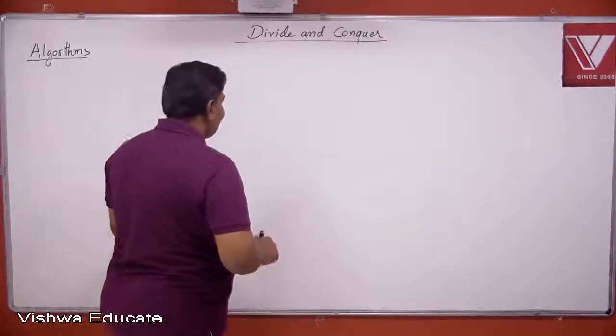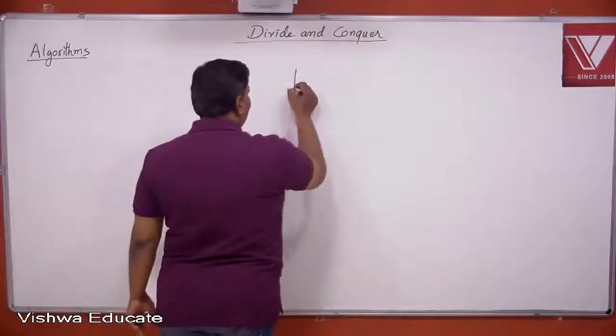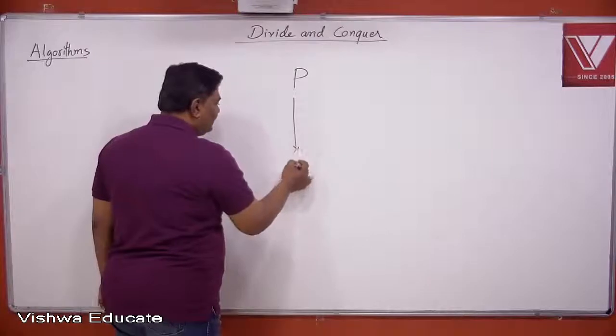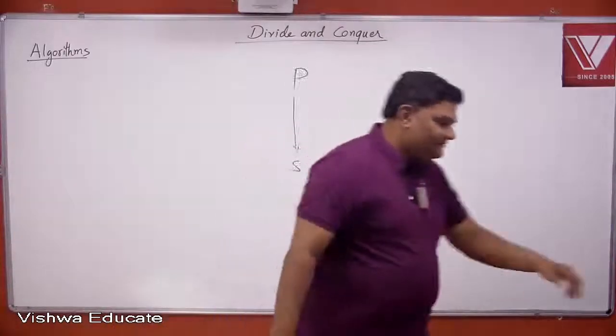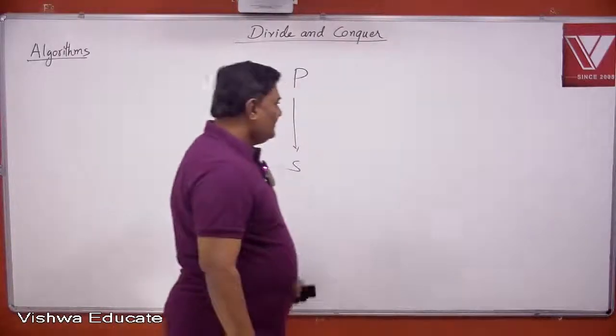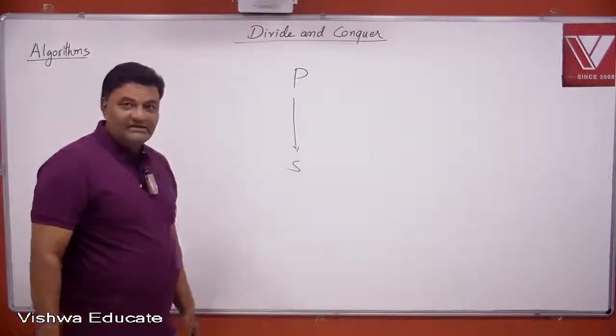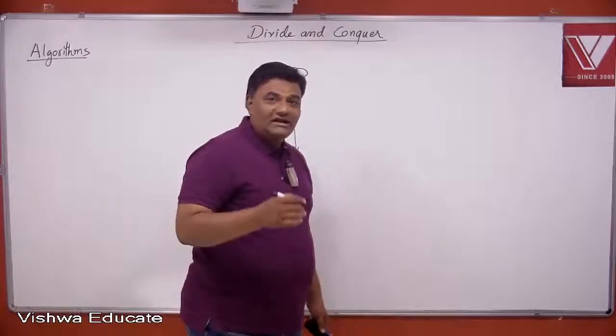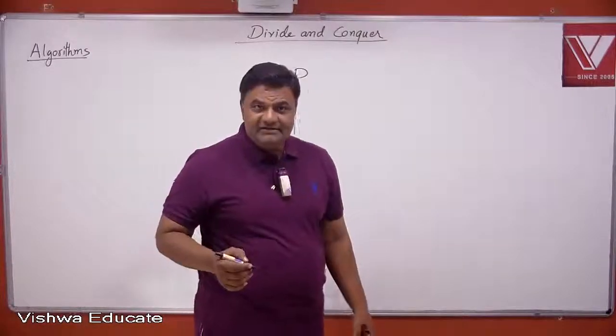Divide and conquer strategy says that if a problem is given to you and you have to find a solution, but the problem is large, you cannot solve it. Large in the sense of what? Large in the sense of complexity?